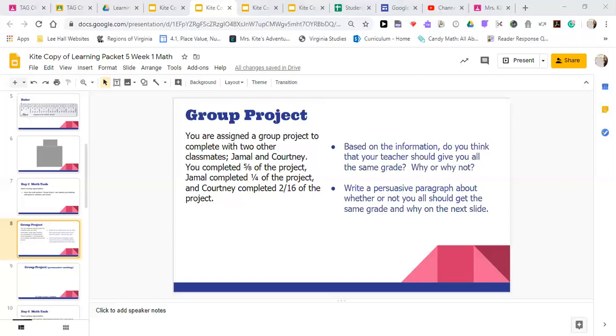So I'm going to list multiples of 4, multiples of 8, and multiples of 16. You have to find the least common multiple, and you have to skip count to find your equivalent fraction.